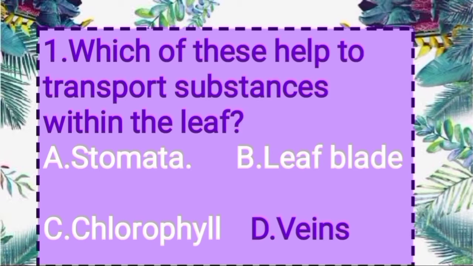Option D. Veins. Answer is option D, veins, because veins help in transportation of substances, for example water, minerals, and prepared food to and from the leaf.